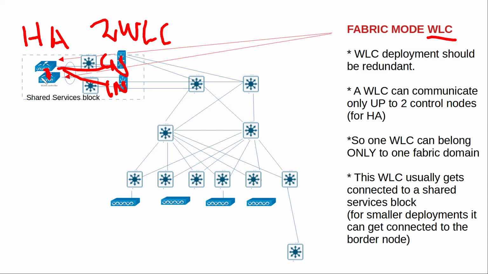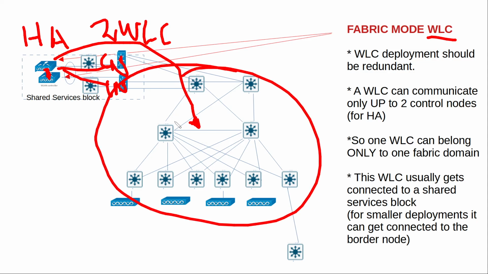So in that sense, this means that a pair of wireless LAN controllers can only be useful for one fabric domain.